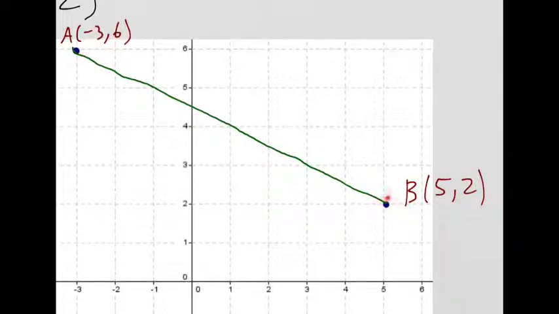4. How do you know that? Which coordinate corresponds to my vertical height? X or Y? Y. So Y went from 6 to 2. I went down 4 units, right? One other way of doing this is making a right triangle between those 2 points.